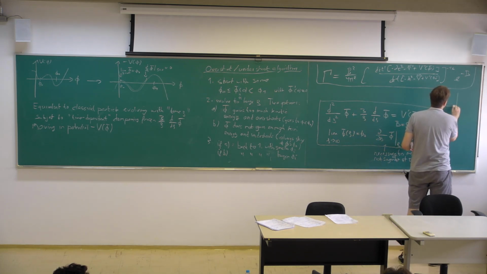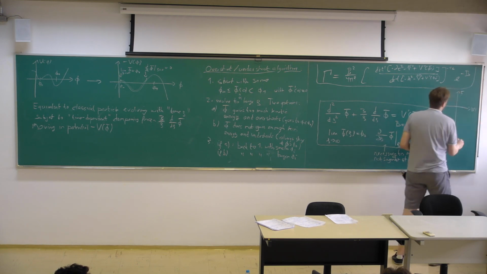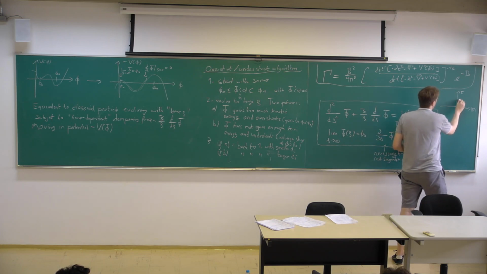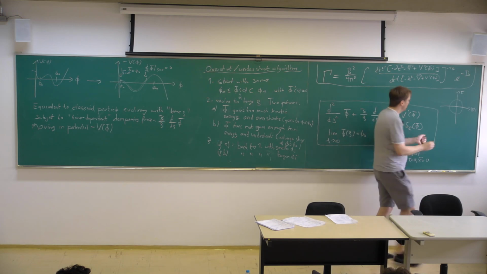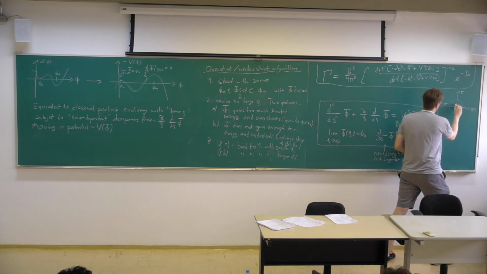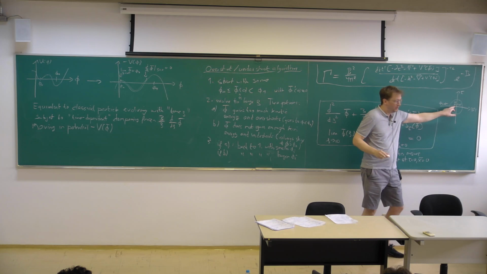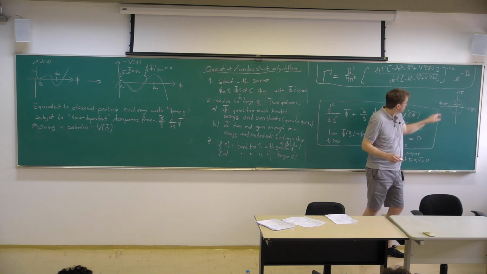So if you have, this is tau, and this is x, then your O(4) symmetric solution is just this ball, where outside here you are at phi 0, and here you have to solve the problem, right? But you are at phi bar of 0, at the origin at least, and then it interpolates between these two values.